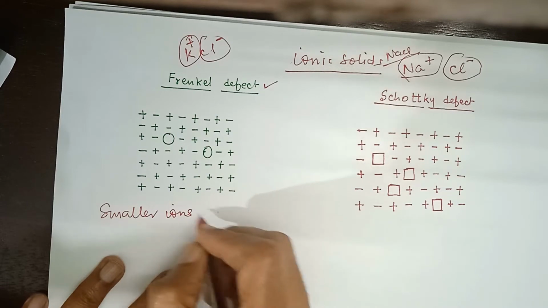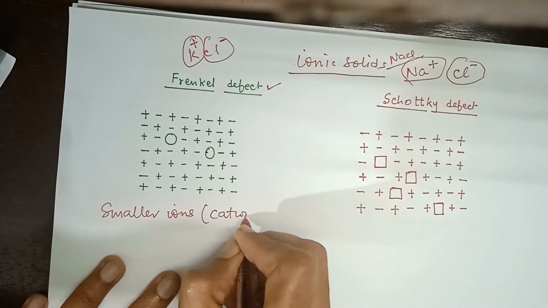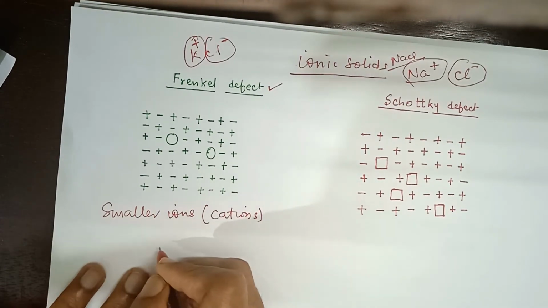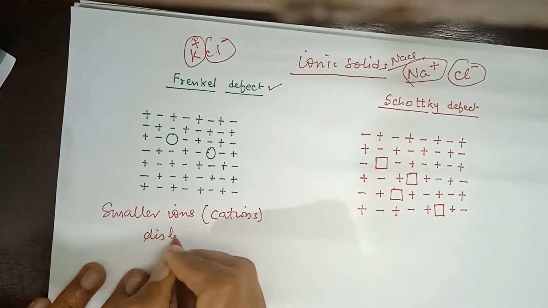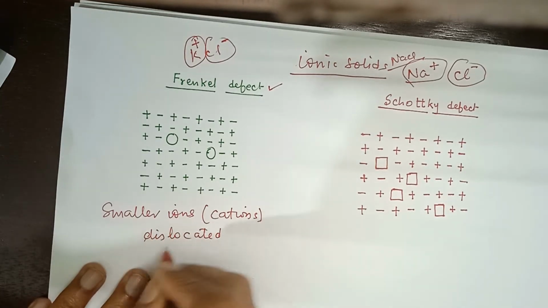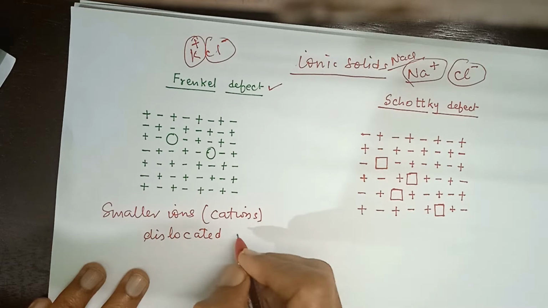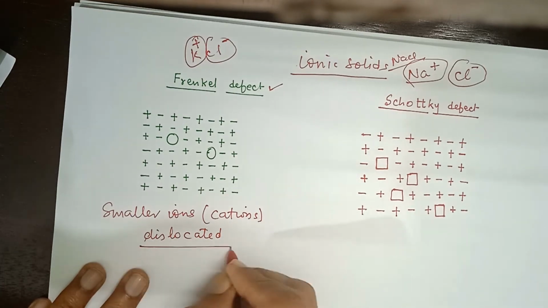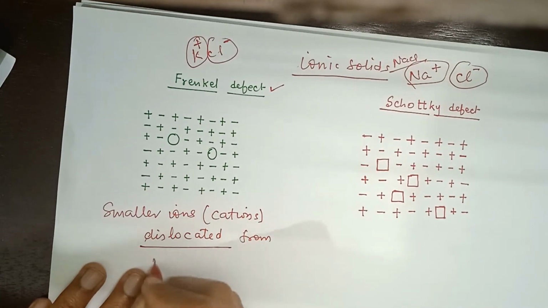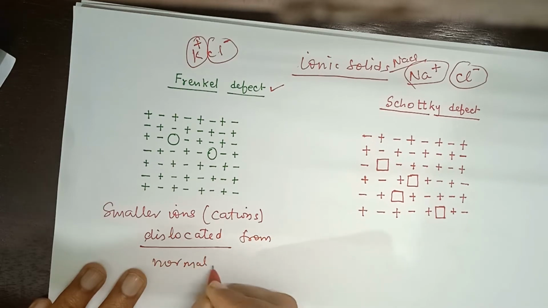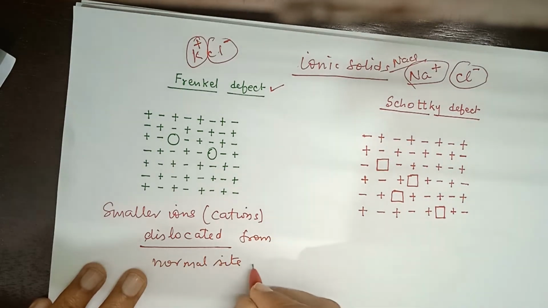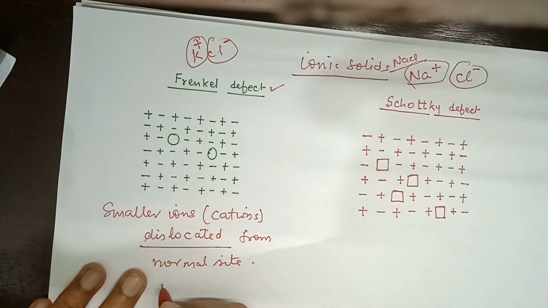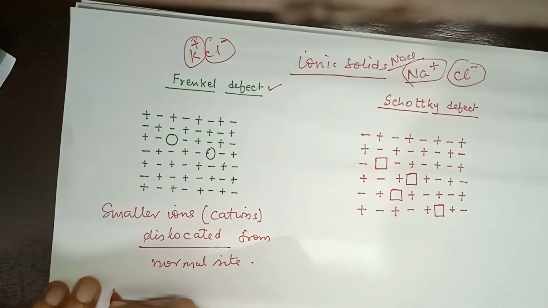The smaller ions, that is cations, are dislocated from their normal site, leaving behind a vacancy.